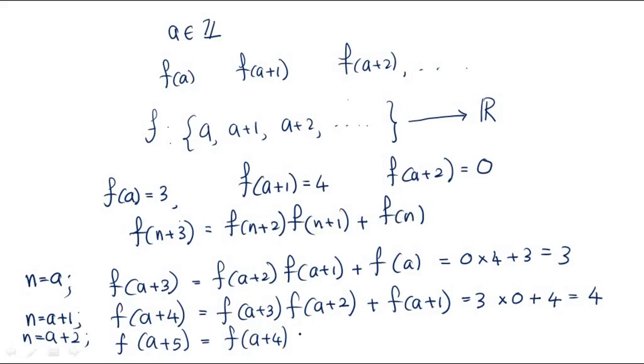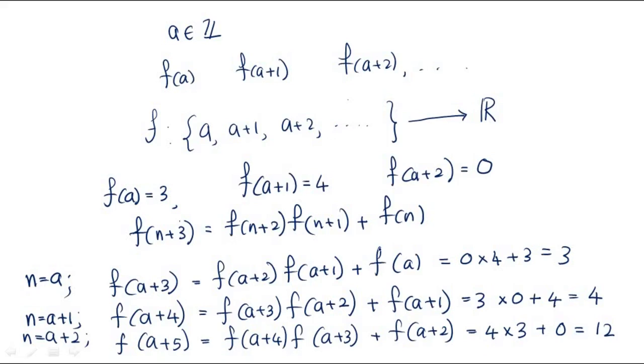So that is f(a+4) times f(a+3) plus f(a+2). This gives me 4 times 3 plus 0, which is 12. Now this process continues, and for any integer in this set, I can compute the function value at that integer by continuing this process until I reach that integer.